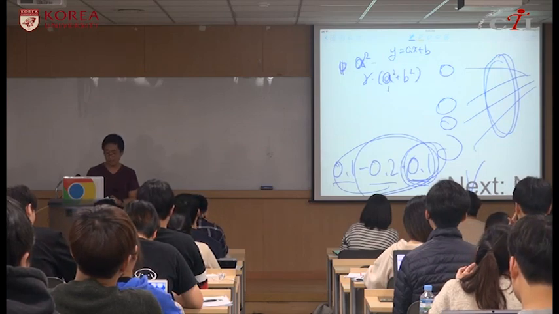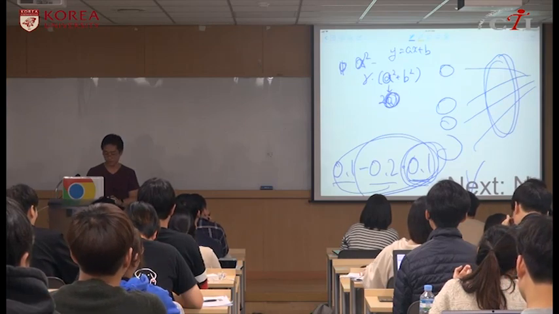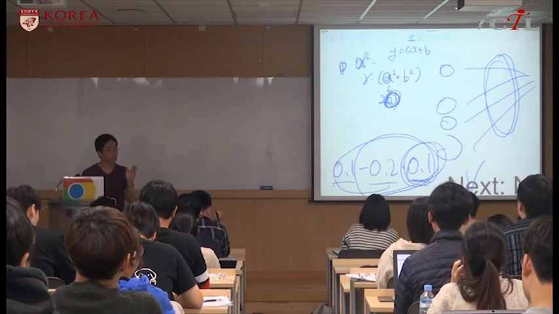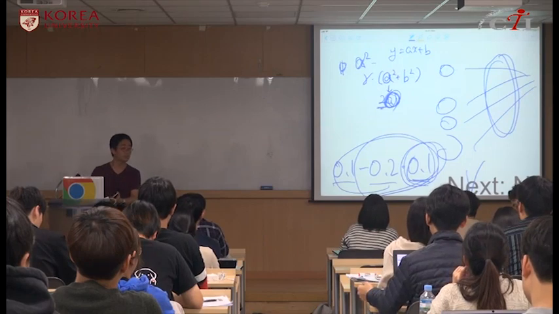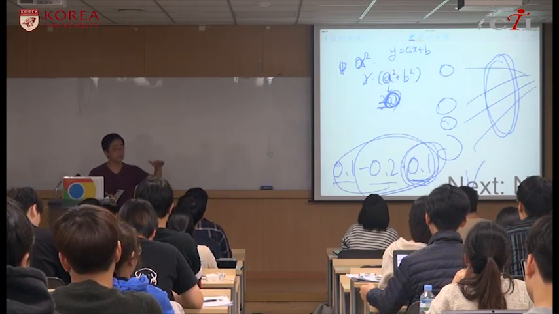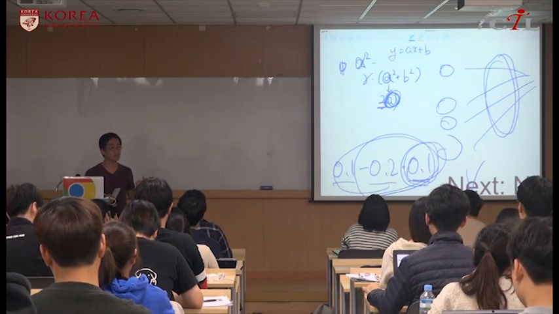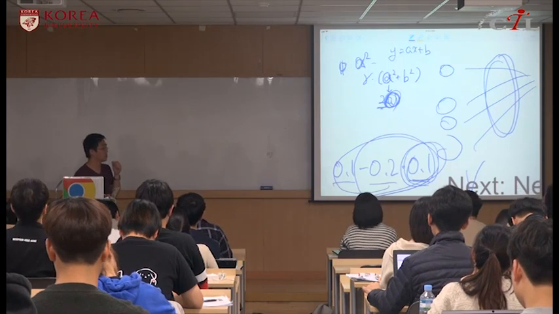And then its gradient will be like 2a, which is proportional to the current value of a. So if it's a larger value, it will be more suppressed. If it is a really small value, close to 0, it will be suppressed by a small amount, right?